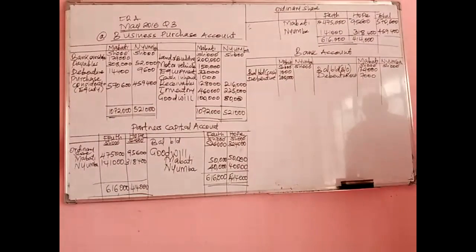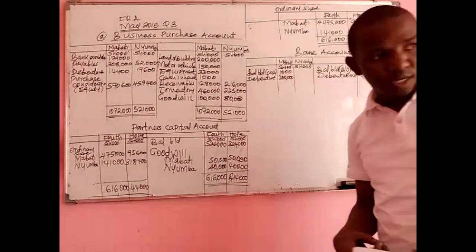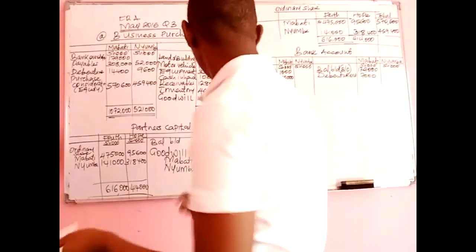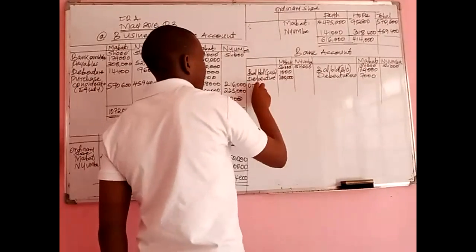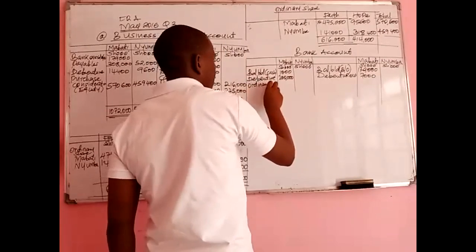And then Mabati and Nyumba also issued 1,000 shares and 15 fully paid shares of 20 each. When you issue shares, you receive cash. Yes. So hapa I'll have ordinary shares.